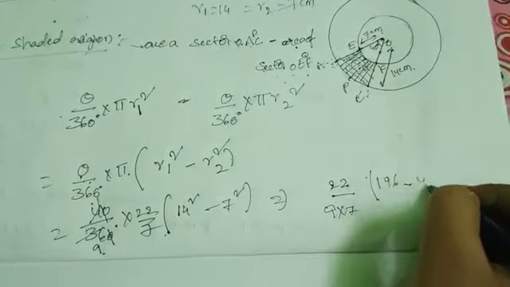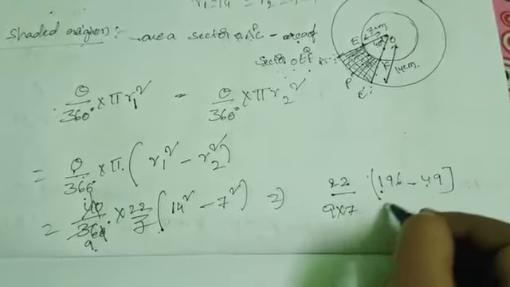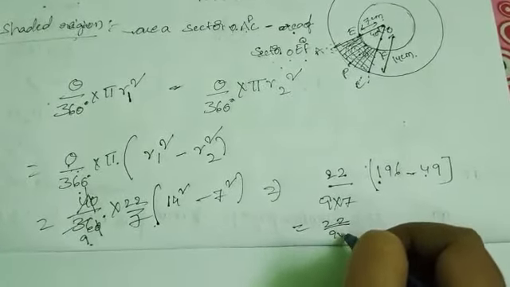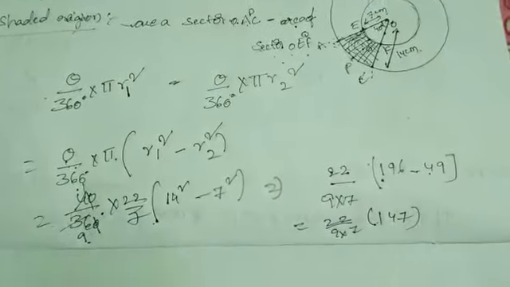14 square is 196, 7 square is 49. 196 minus 49 is equal to 147.